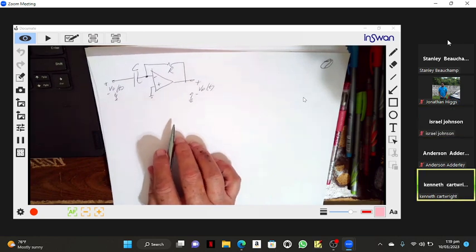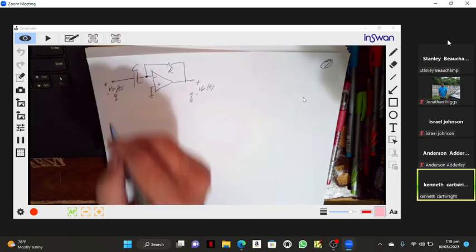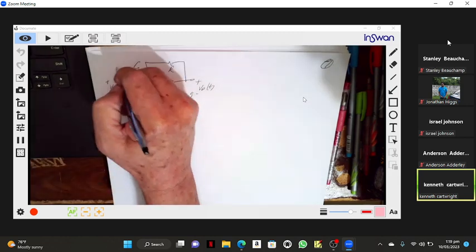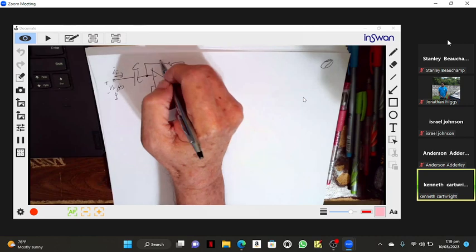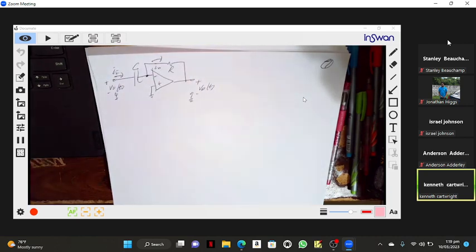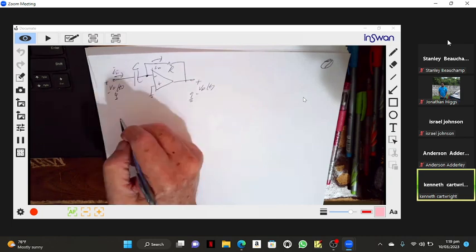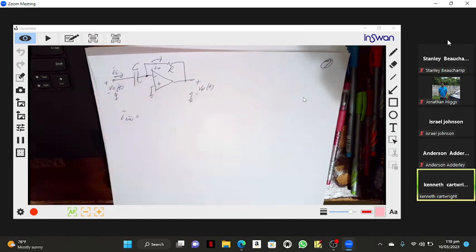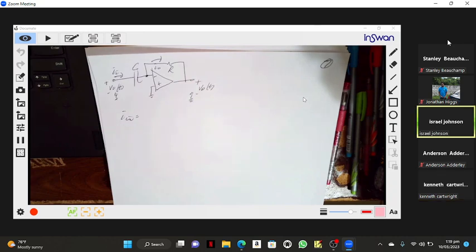Now let's prove that. What's I_N equal to? That would be the current through the capacitor. And what is that equal to?